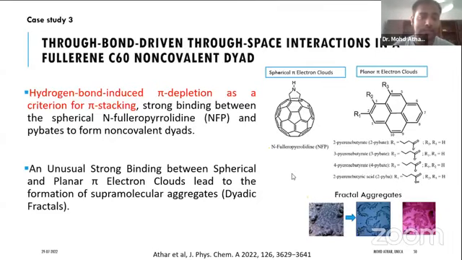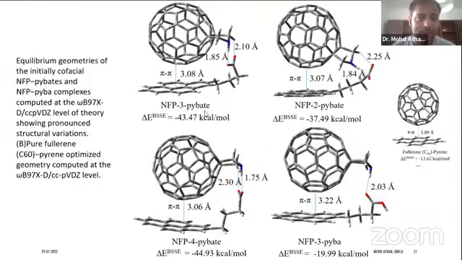So what was the idea? To see the mechanism, how they are binding each other, and what kind of binding leads to this kind of supramolecular aggregation. There will be hydrogen bonding and pi interaction. This will be a hydrogen bonding from this side, and this hydrogen bonding will induce the pi stack. So this is a kind of through-bond and through-pi interaction.